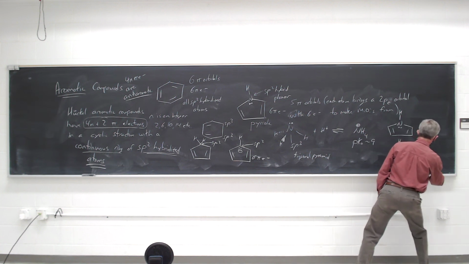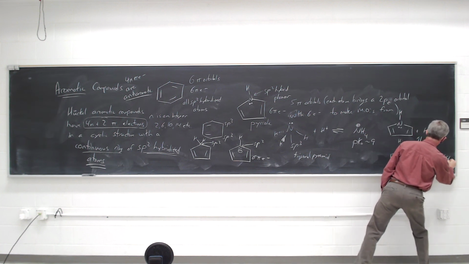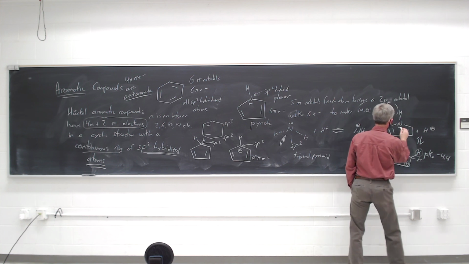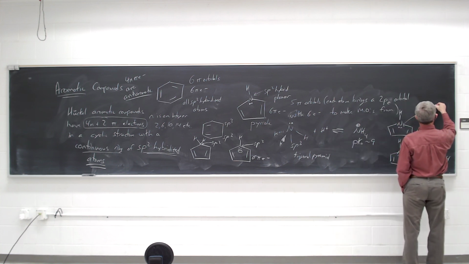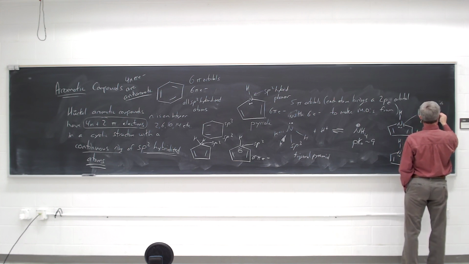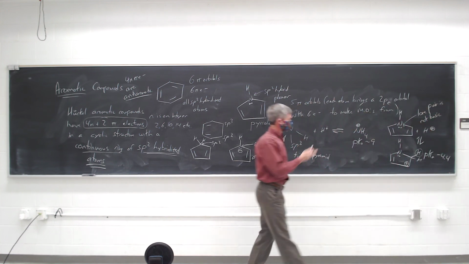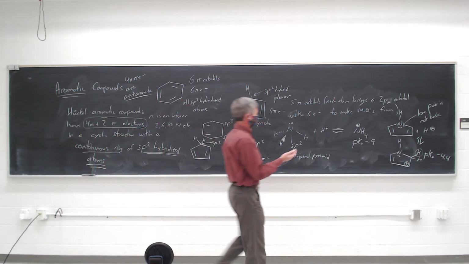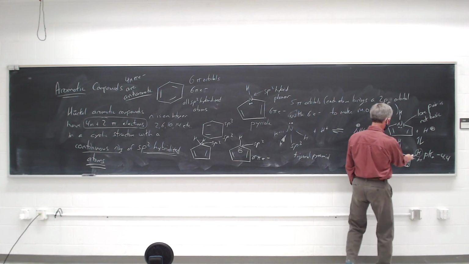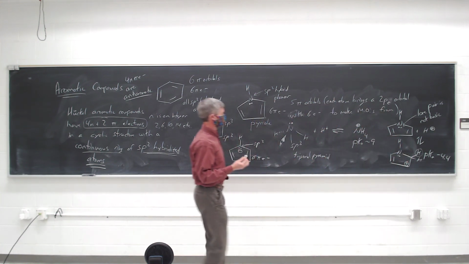And the pKa here is minus 4.4. Which basically means that this lone pair is not basic. Huge difference between minus 4.4 and 9, and the nitrogen doesn't even get protonated. It's one of the carbons in the ring that gets protonated.